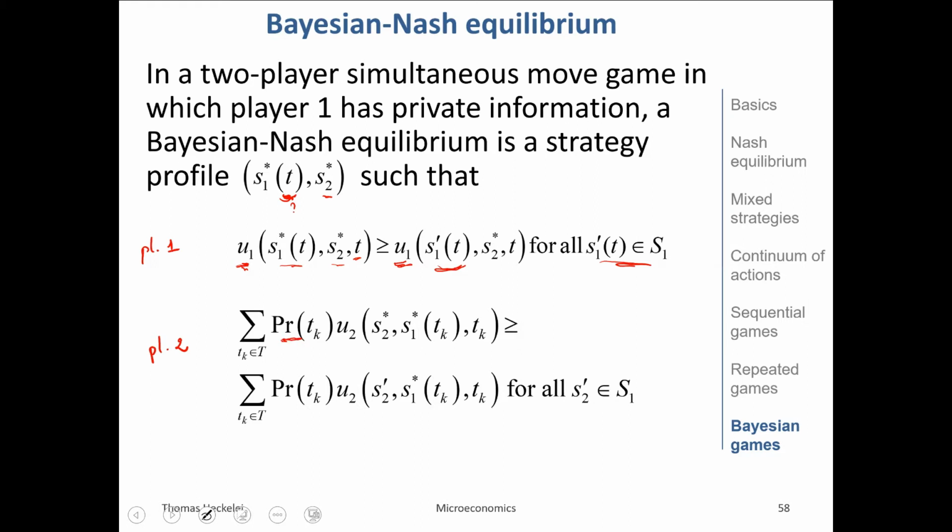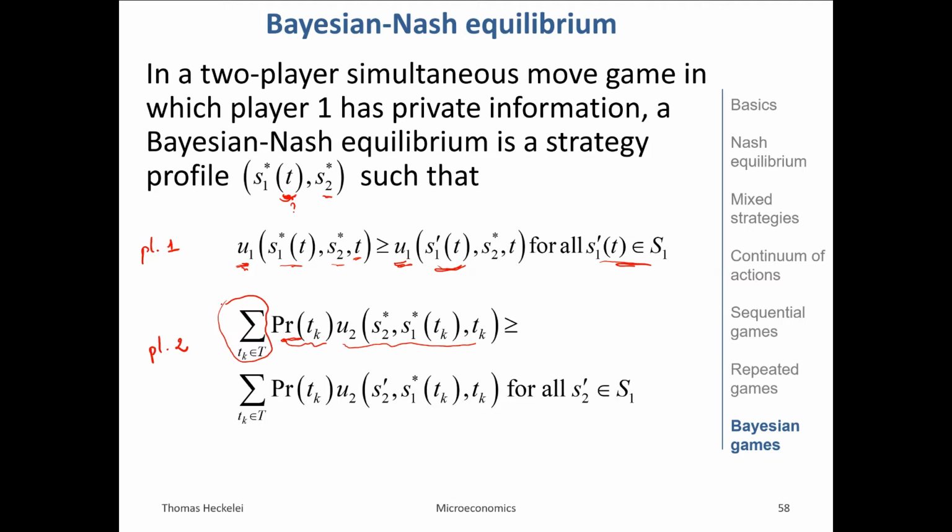First of all, here is the probability of type K, times the payoff of him from playing S2*, against any S1* depending on TK of the first player. And why is there a sum here?